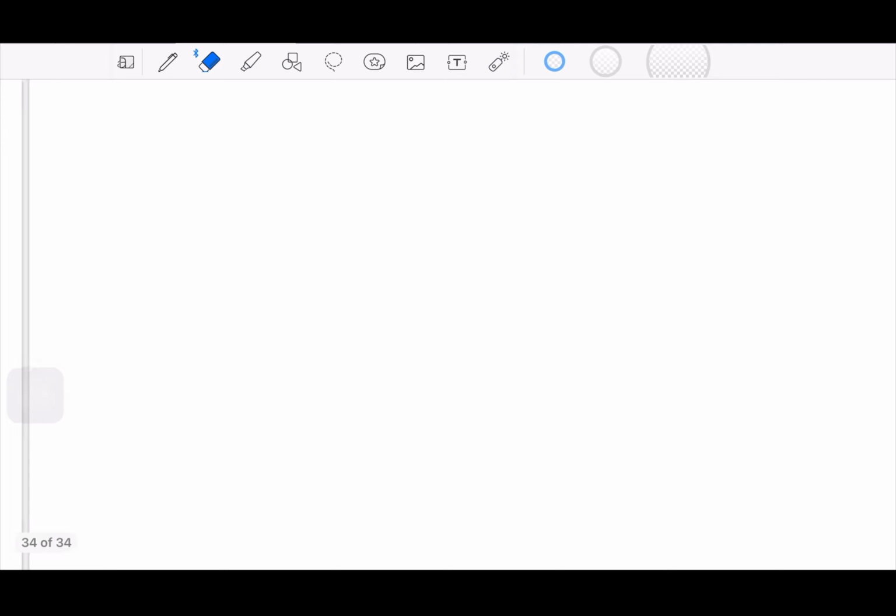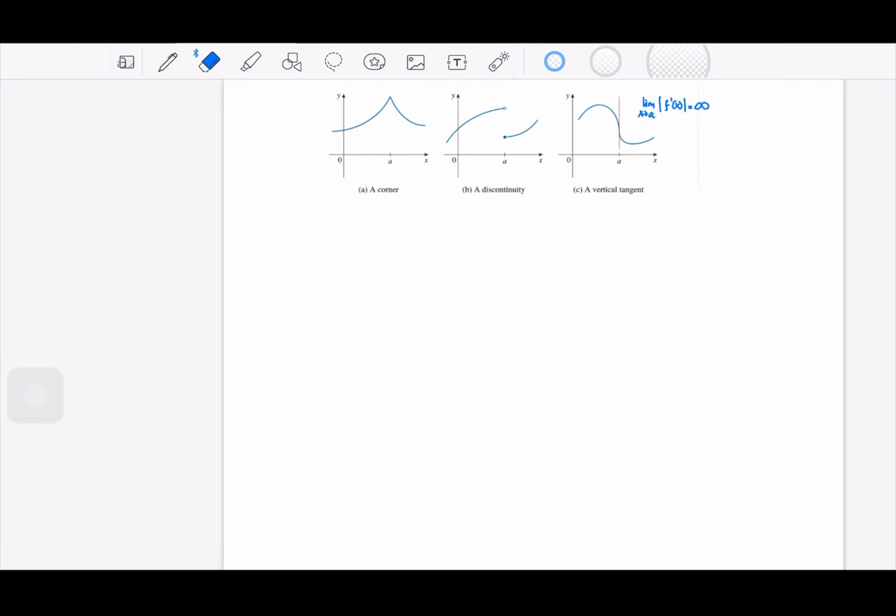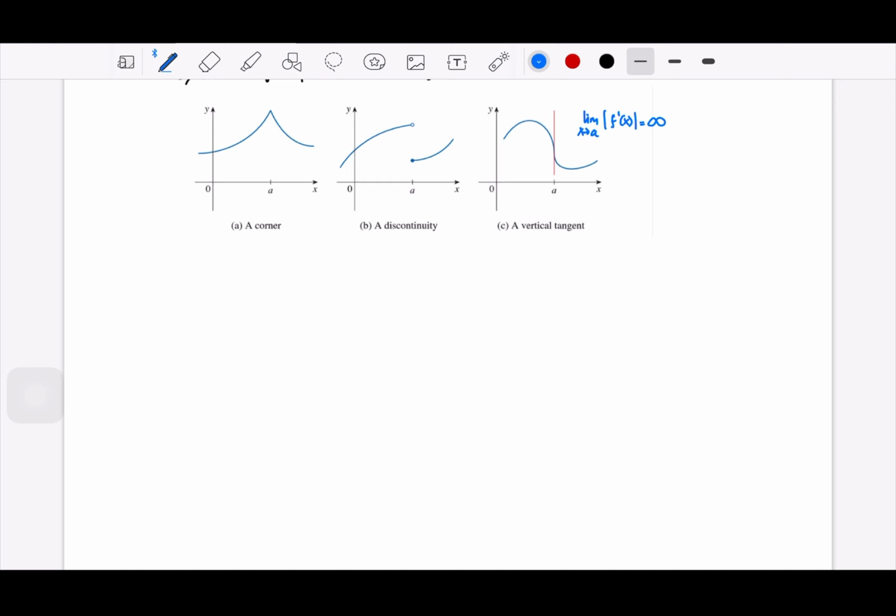Now we move to chapter 3. I hope you don't mind. So chapter 3 will be about the derivative techniques or rules.